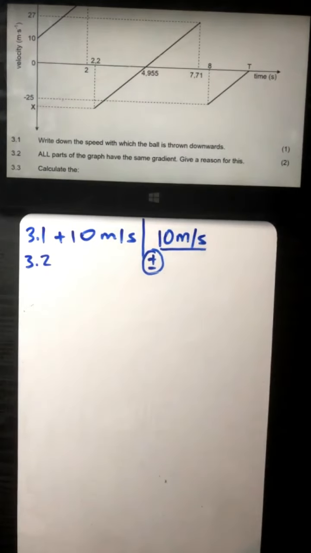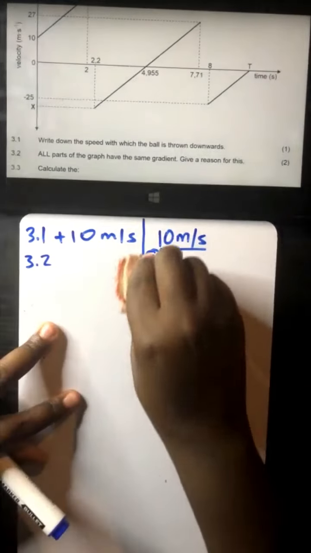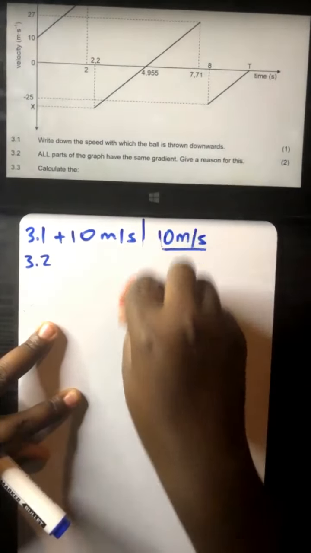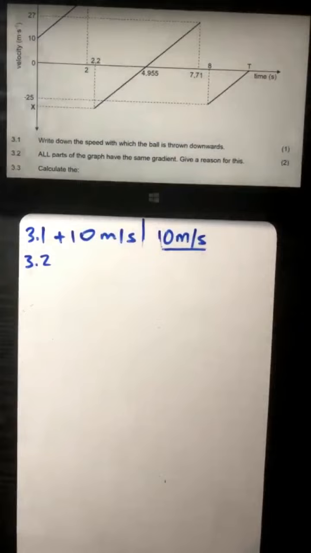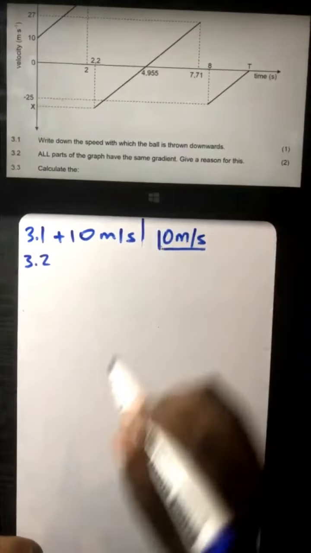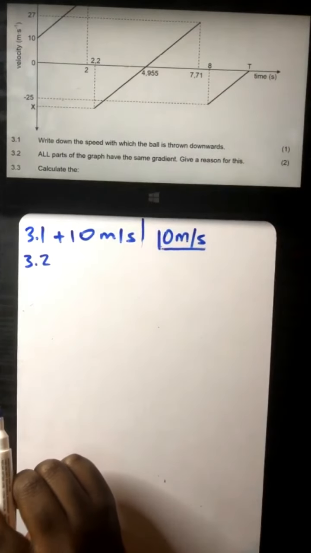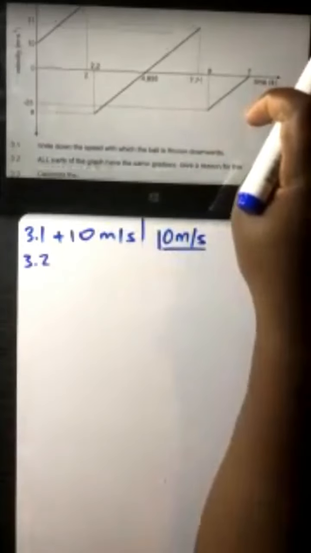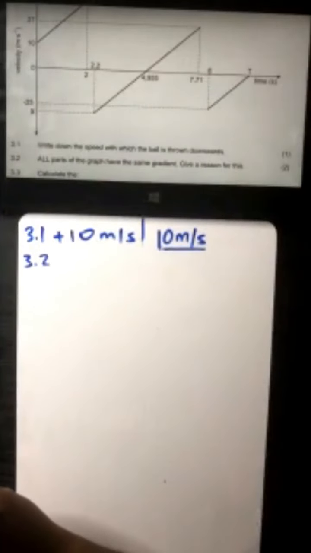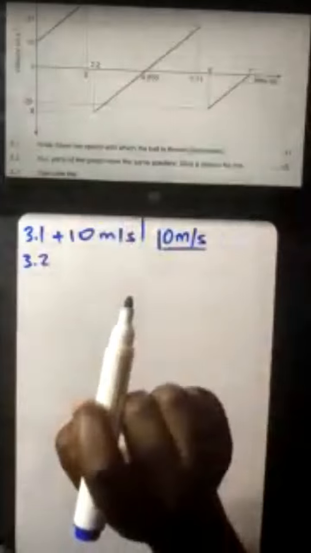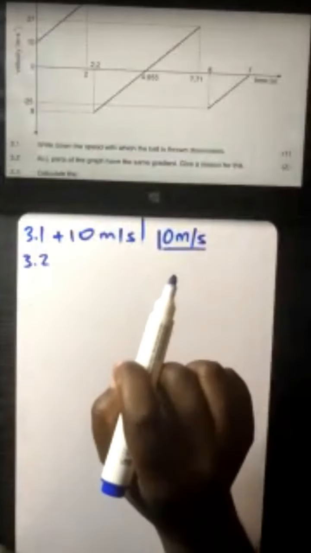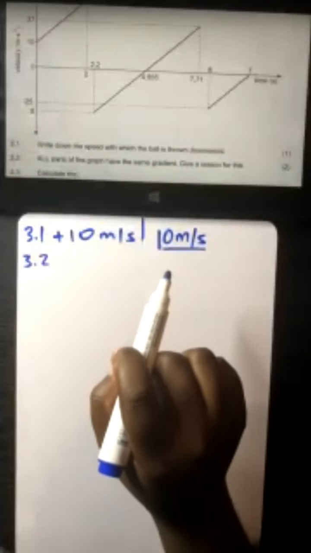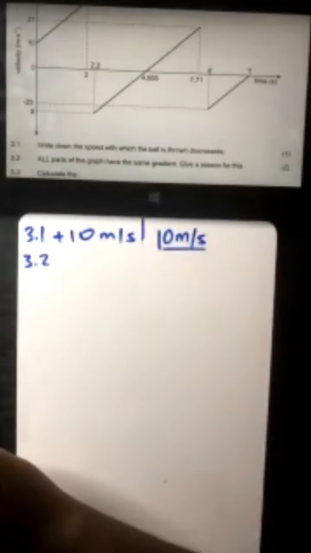So this is one of those tricky questions which can be answered in different ways. So I'm just going to explain to you what happens on that question. So guys, the quantity that influences the gradient is the gravity.